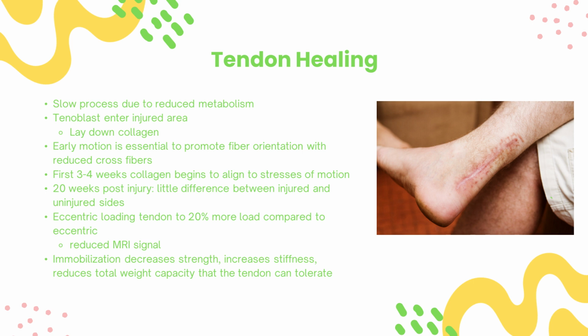Eccentric loading is so essential to these tendons, because eccentric loading loads up that tendon 20% more than a concentric load. So we want to make sure that we're lengthening, because again, tendons resist those tensile forces. They resist the stretch, so they get stronger as they are being controlled through that lengthening.